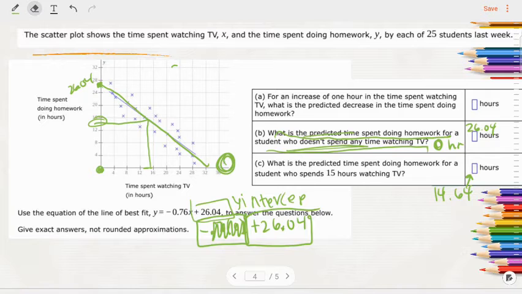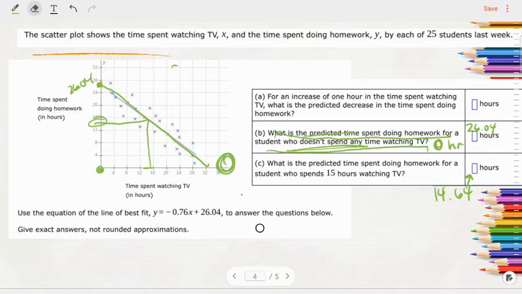Now the last question says, for an increase of 1 hour spent watching television, what is the predicted decrease of time spent doing homework? Now this one tends to get a little bit tricky because I noticed that a lot of people just plug in a 1 right here. Notice it's not saying how much time is somebody spending watching TV for 1 hour.